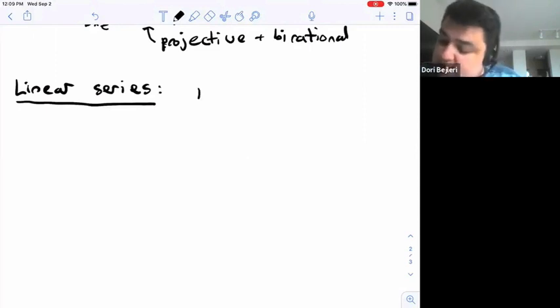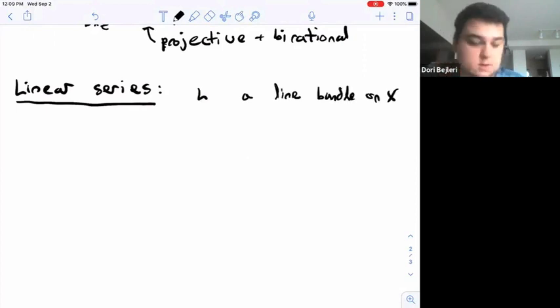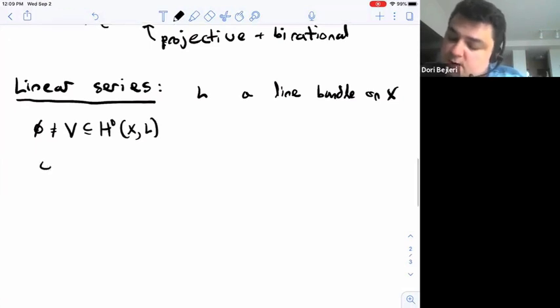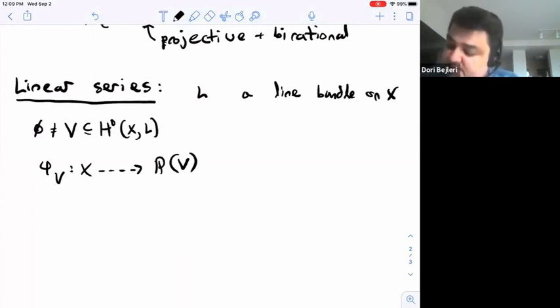So let's say L is a line bundle on X. And we pick some non-empty subset of its global sections. Then we'll denote by phi sub V the following map from X to the projectivization of this vector space.